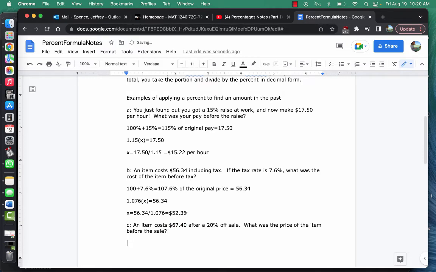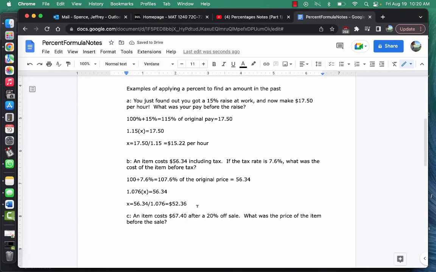But what's different about C compared to B and A is that when we have a 20% off sale, that's actually a 20% reduction. So instead of paying 100% of the item, when you take the 20% off, you're going to pay 80% of the original price. 20% off is the same thing as 100 minus 20, 80% of the original price.